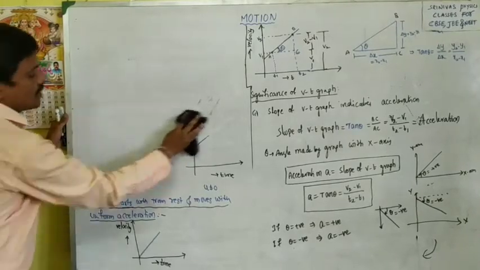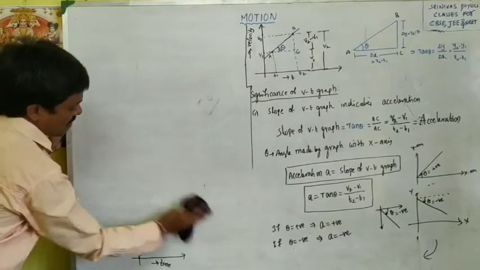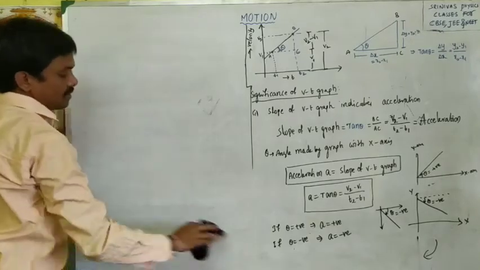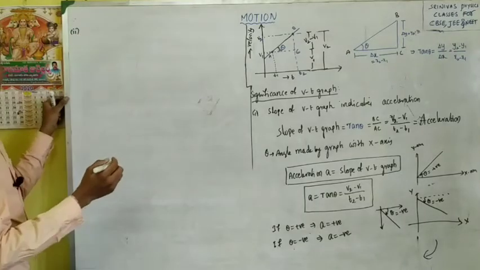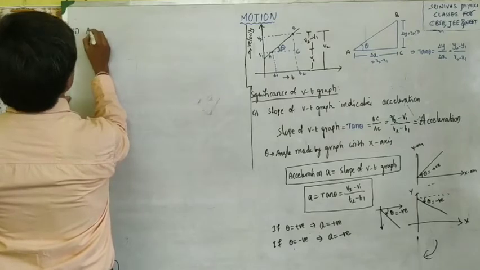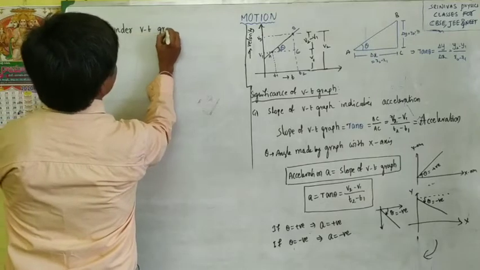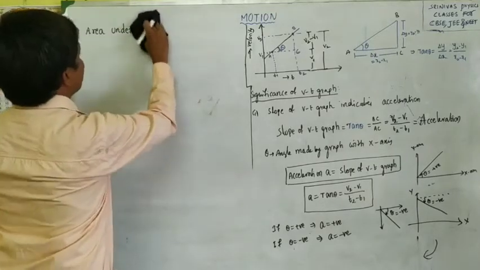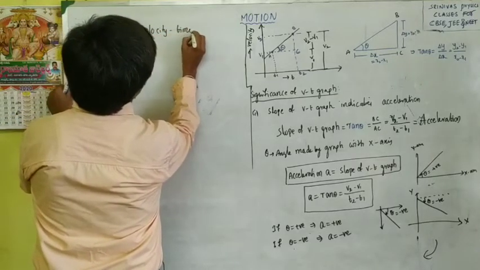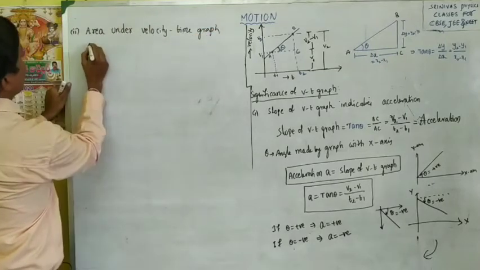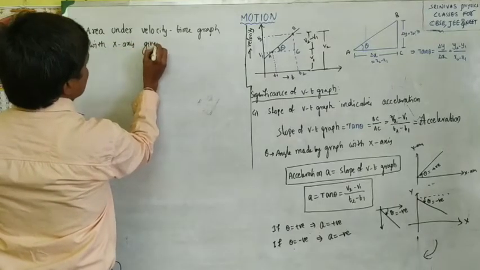The second point is that the area under the velocity time graph, the area under the VT graph with the x-axis, gives the displacement.